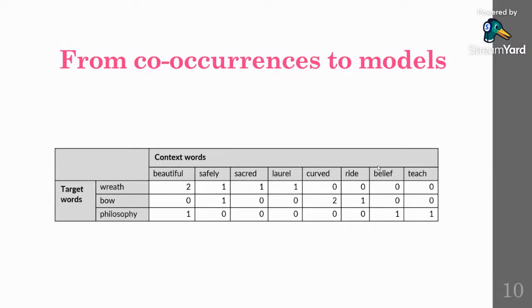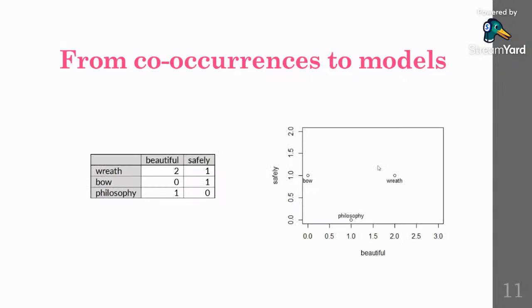So we tabulate these co-occurrences. Bow co-occurs with the adverb safely once, and it co-occurs with curved, the adjective, a couple of times. Wreath does not co-occur with curved ever, but on the other hand, it co-occurs with beautiful a bunch of times. And philosophy also has its own patterns of co-occurrences. We can take the most significant of these co-occurrences and turn them into the coordinates of what we call a vector space model.